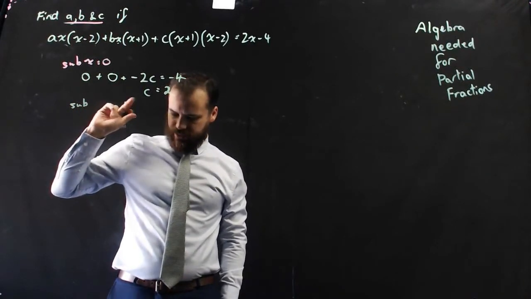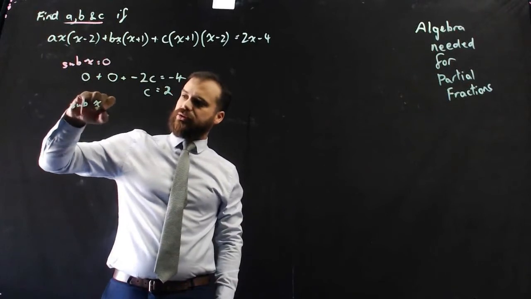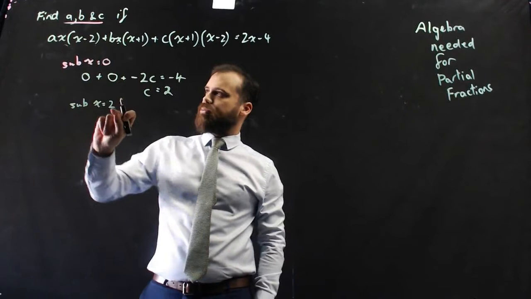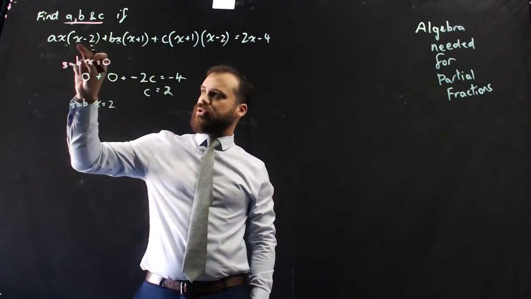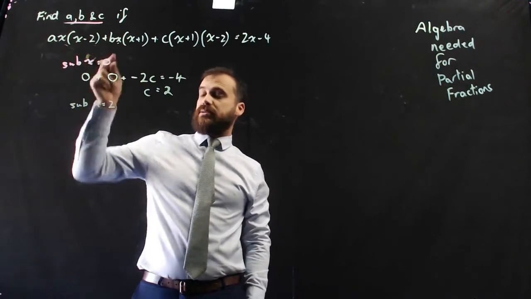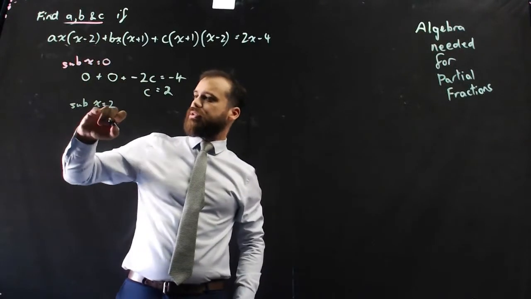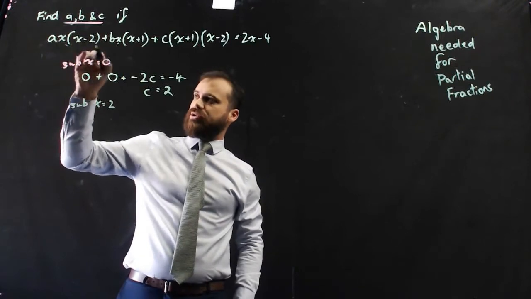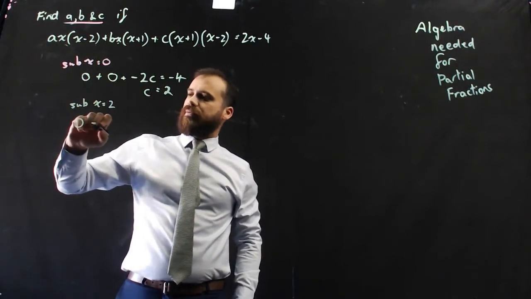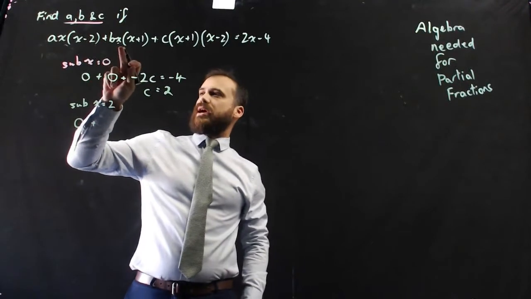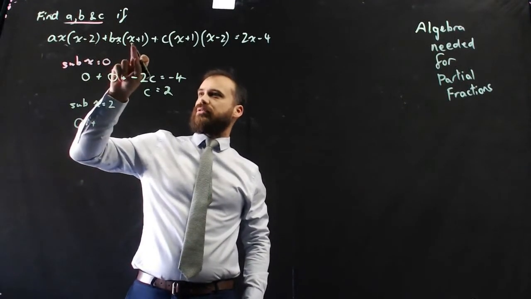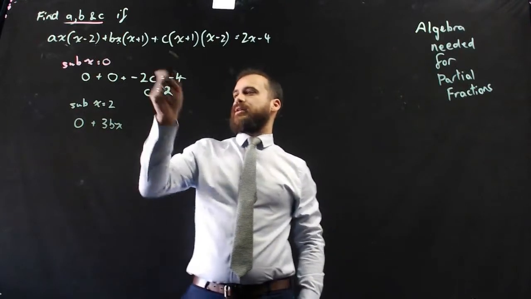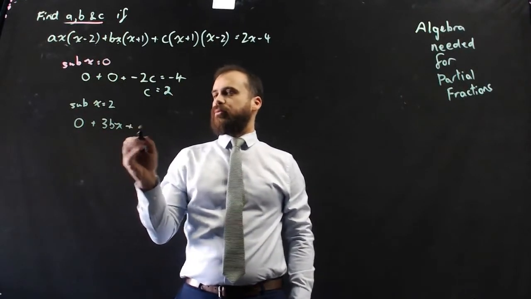Actually, let's sub in x equals 2. The reason I'm subbing in x equals 2 is because if I put 2 in here, I'm going to get 2 minus 2, and that's going to be 0. So it's going to be ax times 0, which is 0, plus bx times 3, so we've got 3bx, and then plus, watch what happens here.